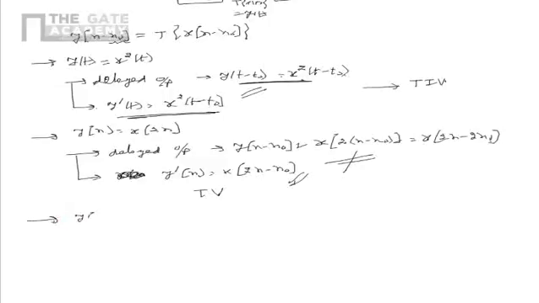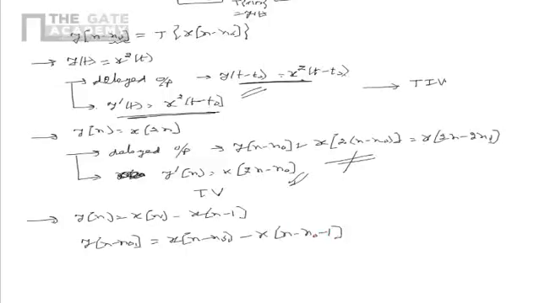Now let us consider another system. y of n is equal to x of n minus x of n minus 1. We have to find if the system is time invariant. The first one, the delayed version of the output, y of n minus n naught is equal to x of n minus n naught minus x of n minus n naught minus 1.